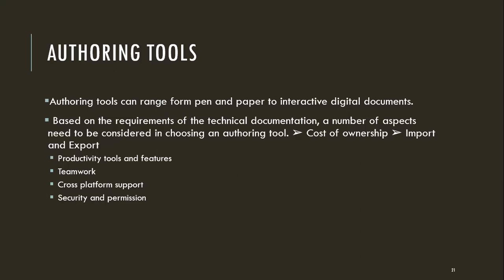If it is to be circulated online, you will use a digital document. Likewise, the authoring tool has to be chosen given the needs of the article. The cost of ownership and import and export will have to be considered. Then productivity tools and features, teamwork, cross-platform support, and security and permissions are some aspects that you have to consider.